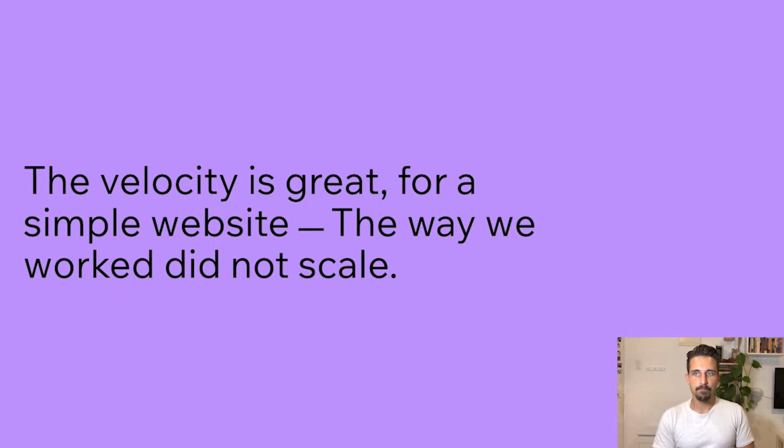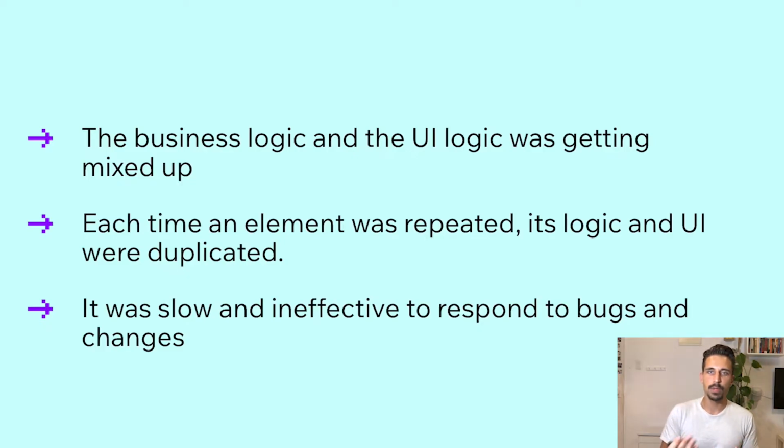And at some point it was really hard to look at the code. You would open the code panel and just see pasta code, where the UI logic is mixed up with all the business logic, and you were seeing duplicates of the same logic on different pages, just because we had to repeat ourselves. It was really hard, first of all, to create that same instance of the component over and over again.